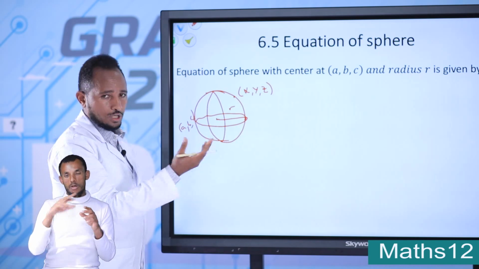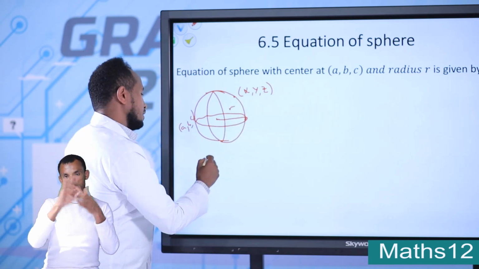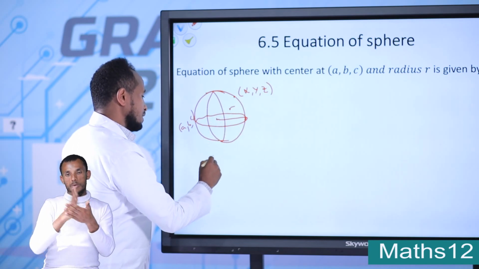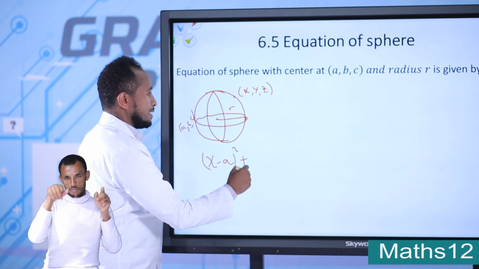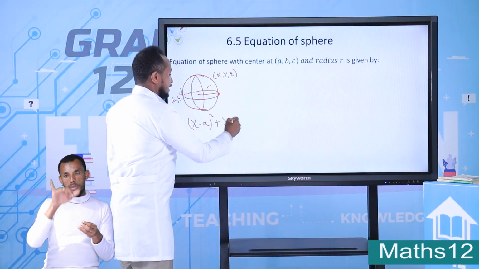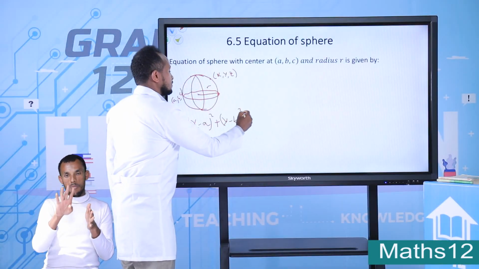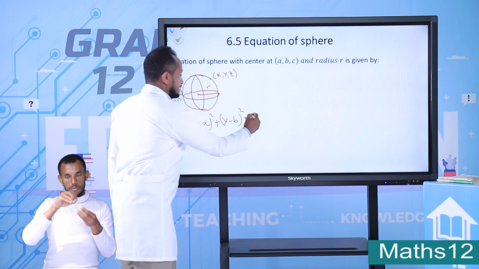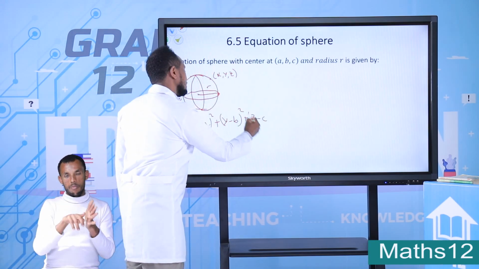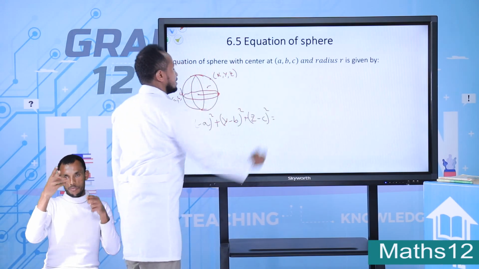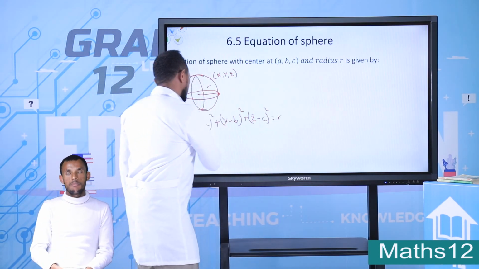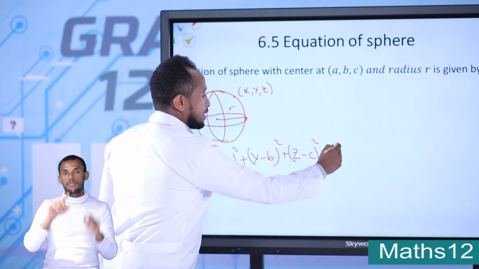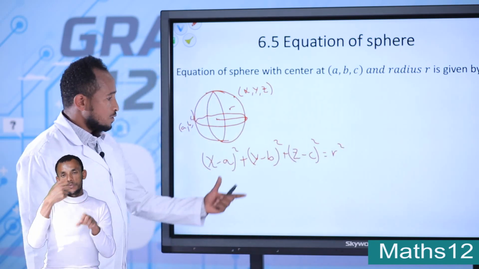Using that concept, you can write the equation: x minus a the whole squared plus y minus b the whole squared plus z minus c the whole squared is equal to r squared.